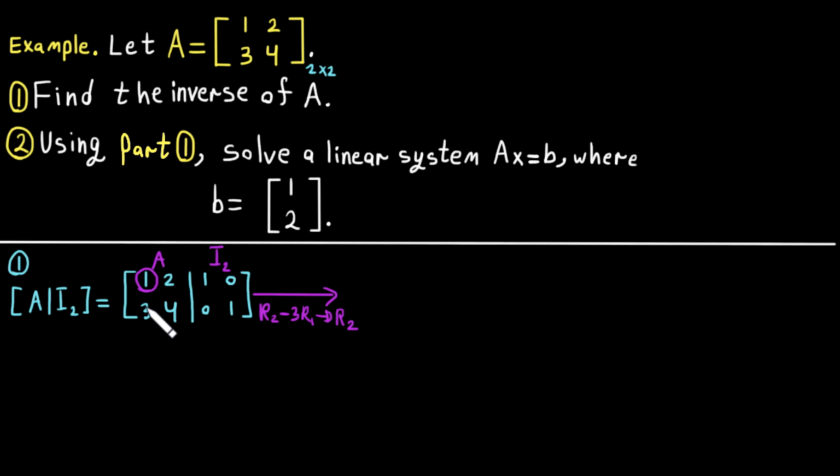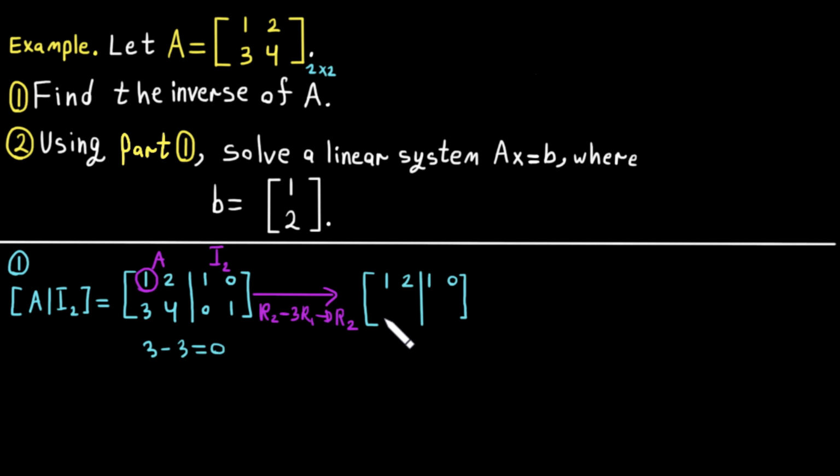So here we want to make this one 0, so that's why we wrote this. Therefore, this row remains the same, so I will speed up writing this row. Row 2 minus 3 row 1. So 3 minus 3 multiplied by 1, which is 3. 3 minus 3 will be 0.